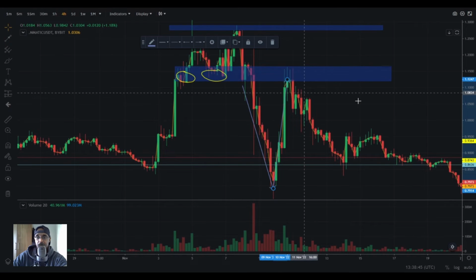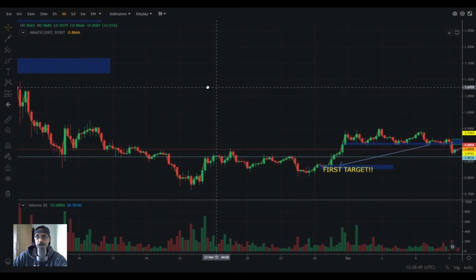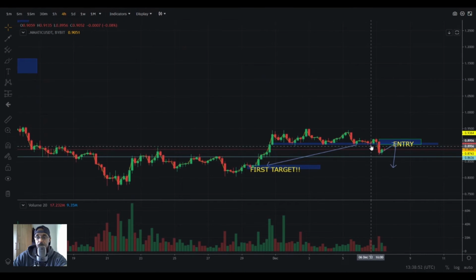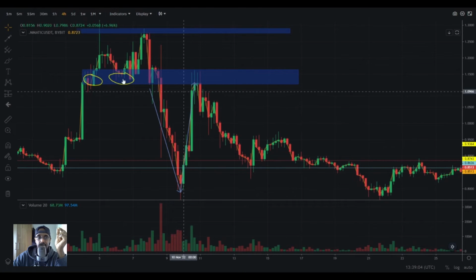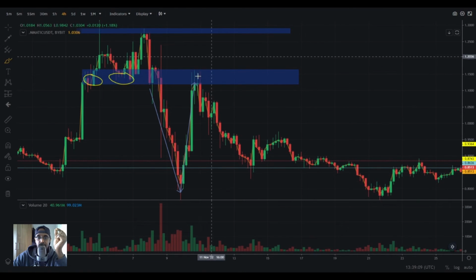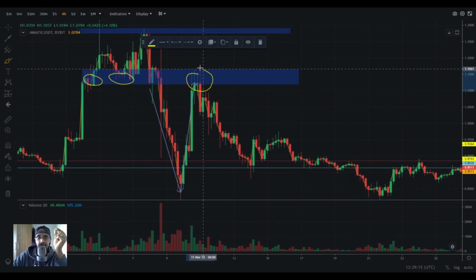And this time, just like in this scenario, I said once we do break down, it's not always the case, but it is highly probable that we are going to come back up to retest this area there. So what happened here then? It looked like we went down, we came back up to retest the area which we've broken out from, which is right here.